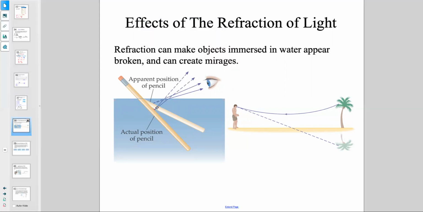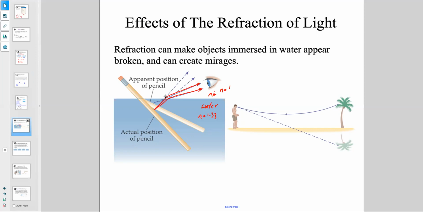For example, at this point, I have one beam coming out, and since it's going from water to air, this is air and this is water, it's going from a dense substance to a less dense substance. So this n is 1, and this n is 1.33. So it will go away from the normal. Do the same thing for another beam of light.